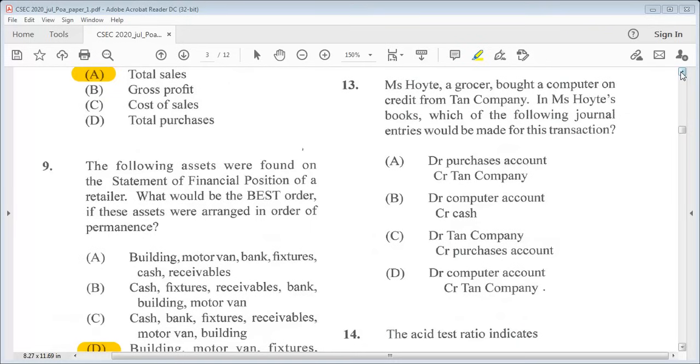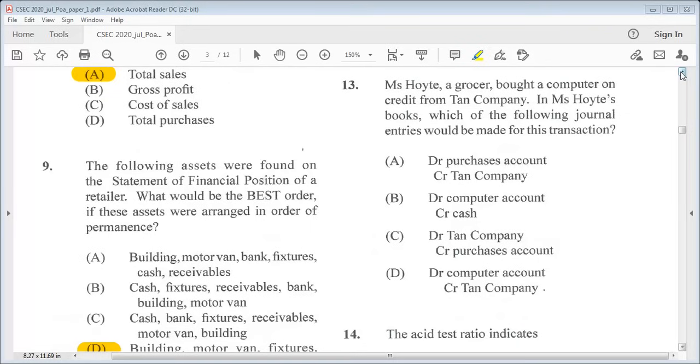B. Debit computer account, credit cash. C. Debit Tan Company, credit purchases account. Or D. Debit computer account, credit Tan Company. So we know that this would be D, debit computer account, credit Tan Company.